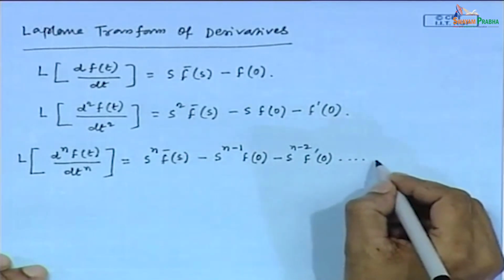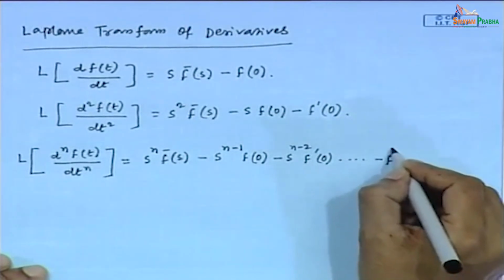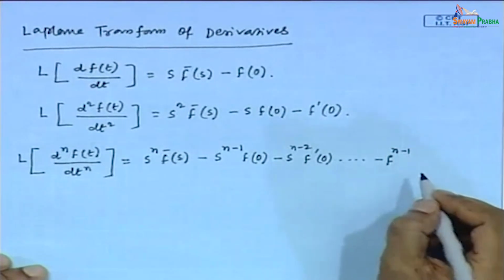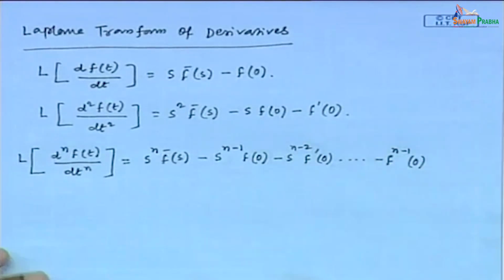By this way, last term will be n minus 1th derivative at 0. Fine.